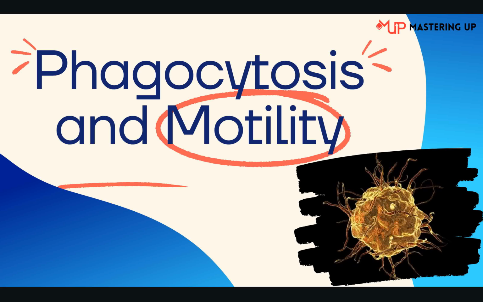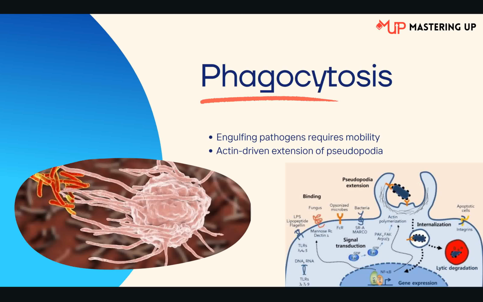Macrophages and neutrophils extend pseudopodia, or temporary arm-like projections, to surround and internalize the microbes.